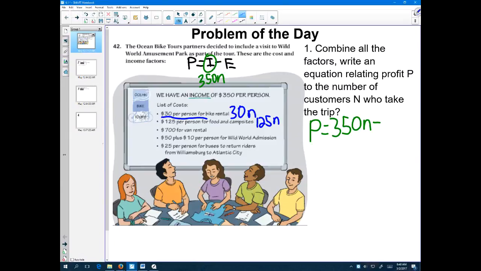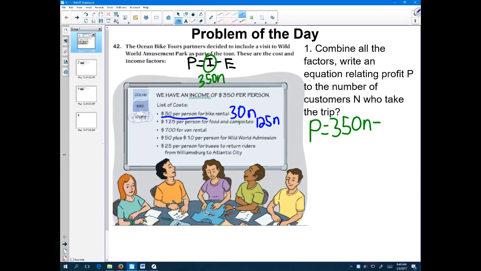Raven? What's E for? Did I tell you any E's in here? Then you can't use it. Is it per person? Is it $700 per person? So how, plus what? Not P. Guys, not everything always has letters.